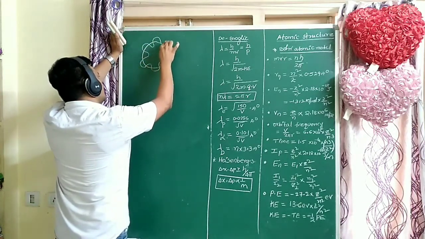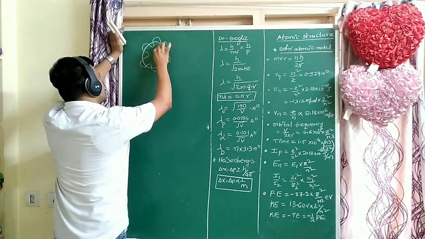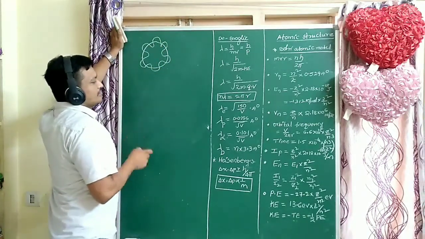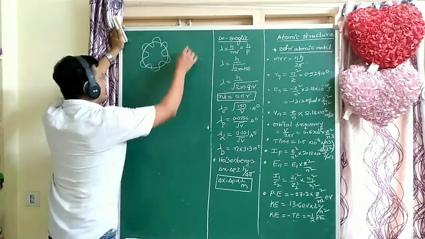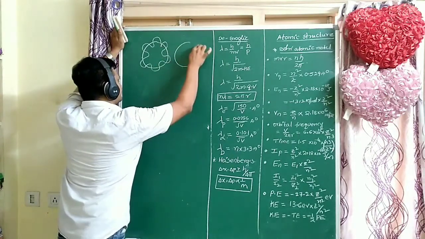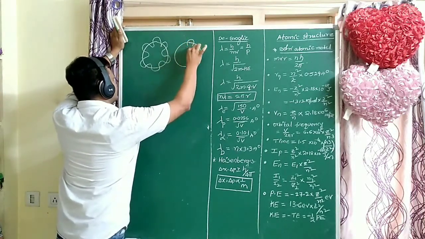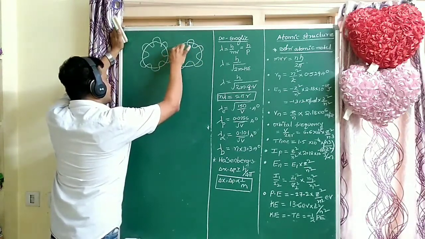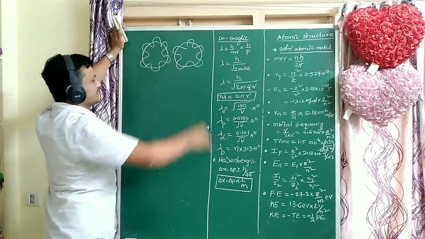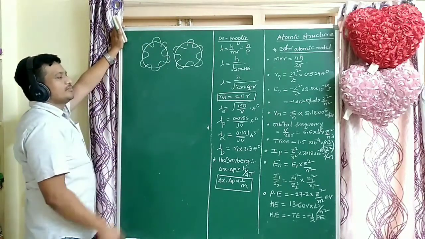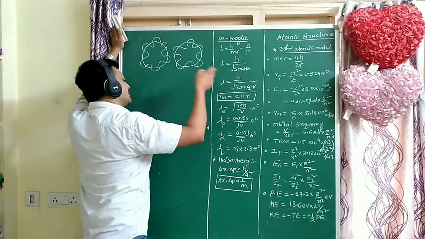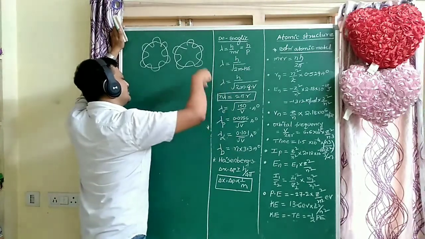When the two ends are in phase, n lambda equals 2 pi r. When out of phase, n lambda does not equal 2 pi r. These are very important. Based on this formula, we can easily calculate the de Broglie wavelength of a particular orbit.